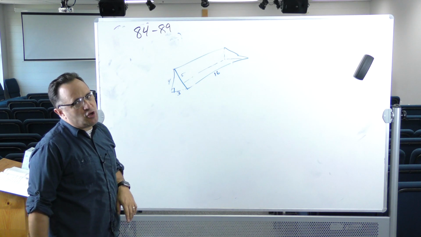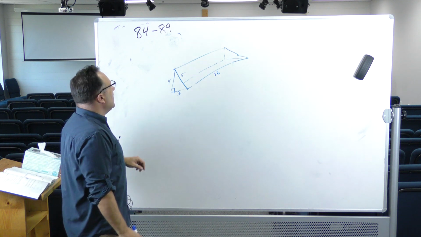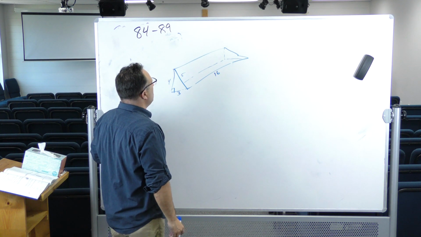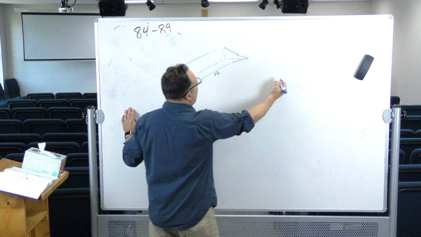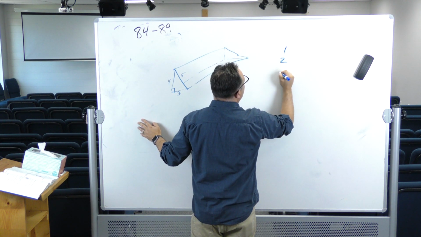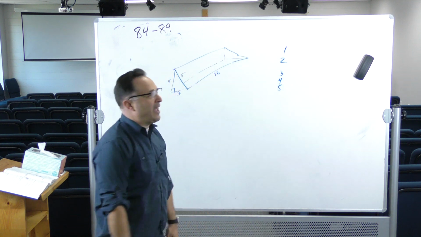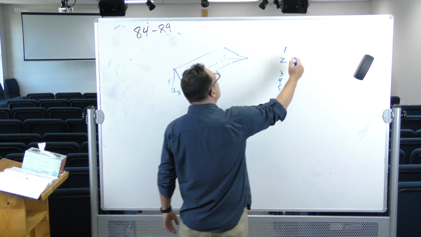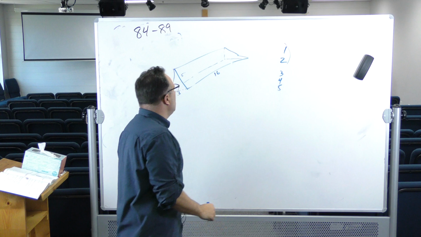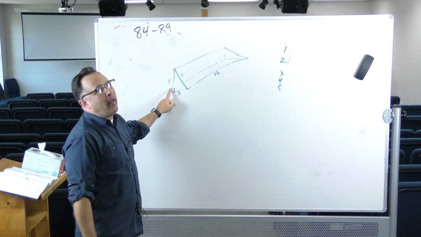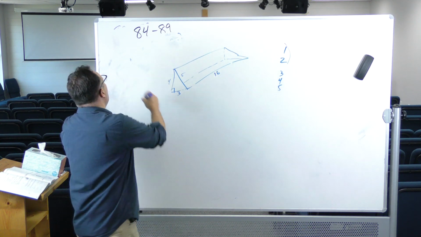So there's a couple different ways you can do this. First let's do the end caps. And we'll have side 1, 2, then we'll do 3, 4, and 5. We'll lump those together. So let's put 1 and 2 together, okay? So we know it's half the base times the height for the area of a triangle.